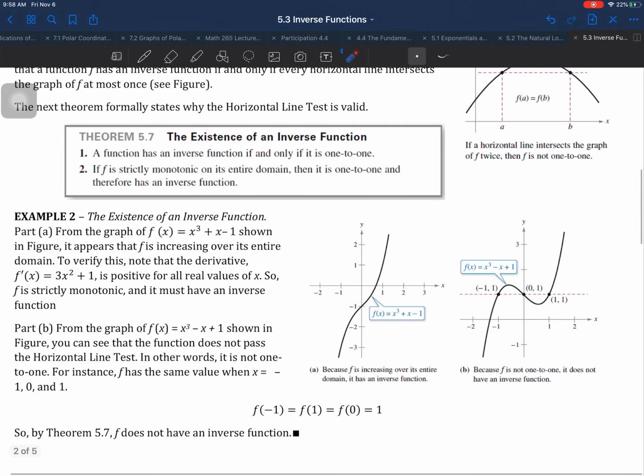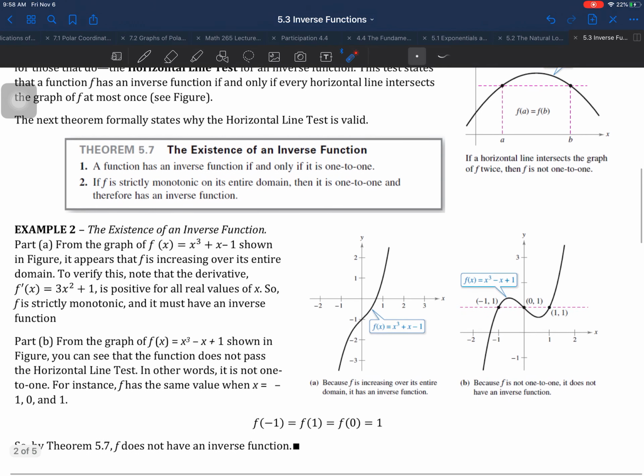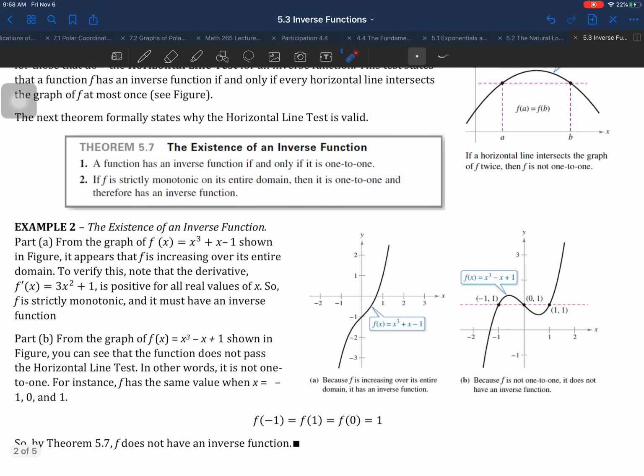All right, so the easiest one to think about is monotonic, and we already defined this word before. Strictly monotonic means that it is either strictly increasing or strictly decreasing, right? So in this example, this is strictly increasing. It's always going up. There's no time that it is decreasing.